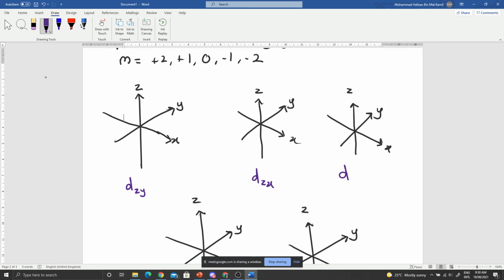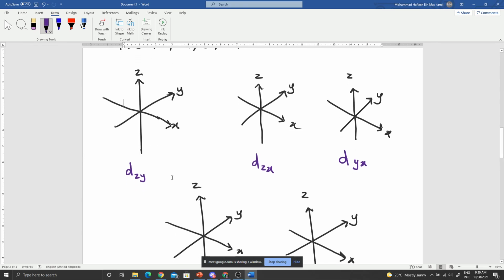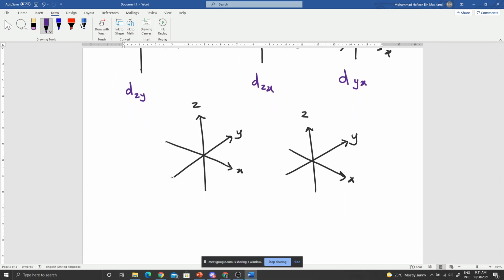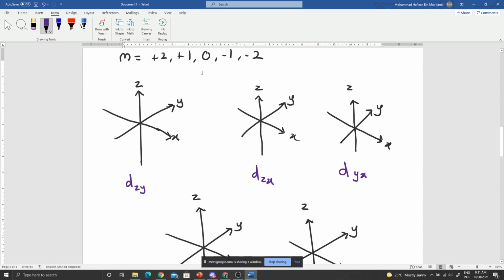So Y dengan X. Okay, boleh. Untuk the 2, untuk yang ni, you guys kena hafal lah. So it is dx squared minus y squared and then dz squared. Itu je. So this one you guys kena hafal, and the other 3 tu you guys boleh figure out.